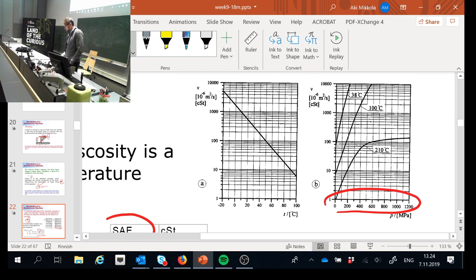The pressures we can find in hydraulics are something like 0 to this, in megapascals, so this is maybe quite unrealistically high pressure, but still pressure makes an effect. But most importantly, temperature makes a significant effect on viscosity.